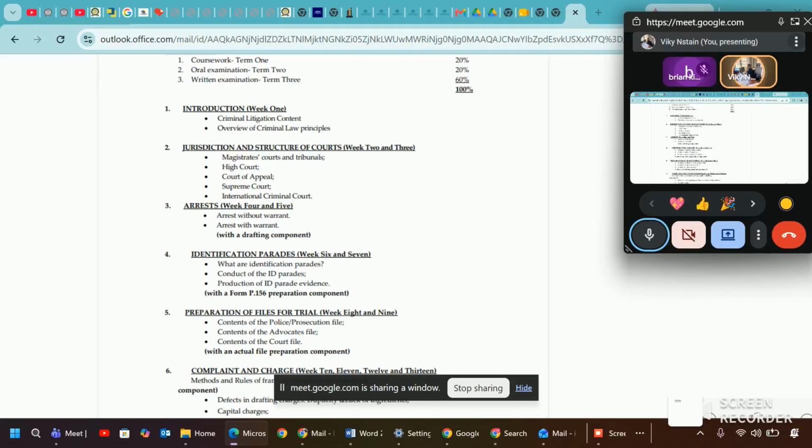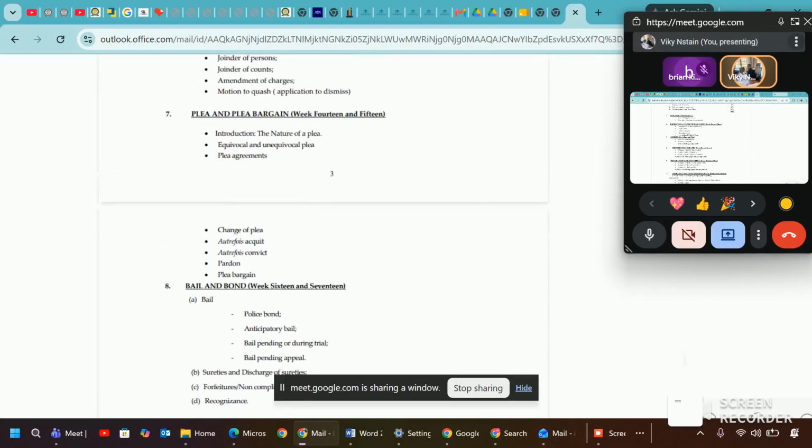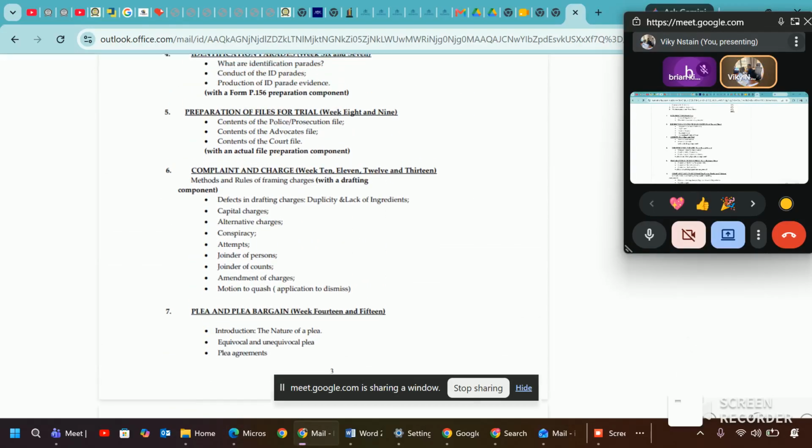So that is what amounts to ID parades. Let us look at week number 8 on contents of the police prosecution file. Then we look at the contents of the advocate's file.